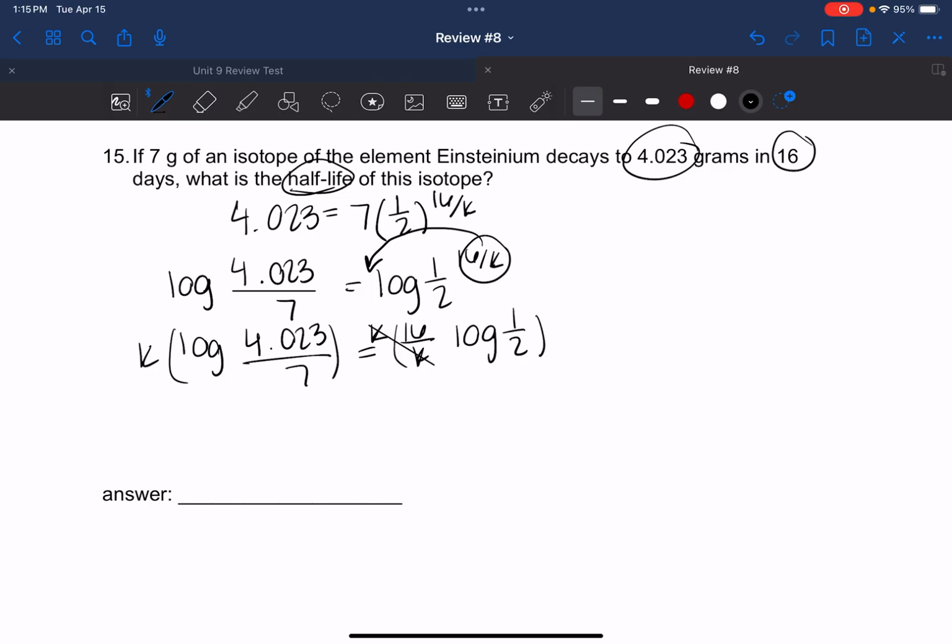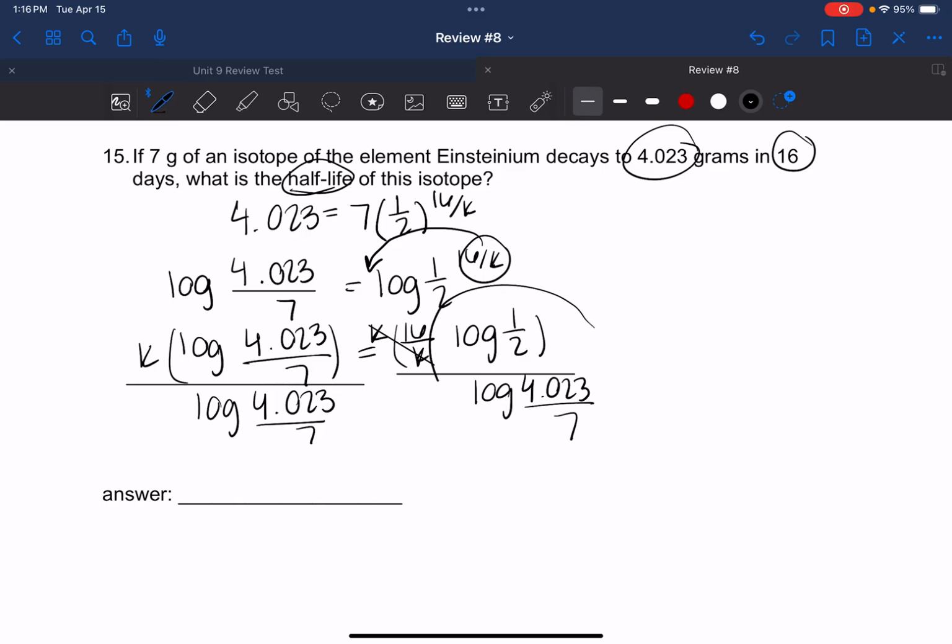So in order to keep k by itself, I now need to divide by log of 4.023 over 7 on both sides. So I would just type this into my calculator, and I'm going to end up getting 20.023 days.